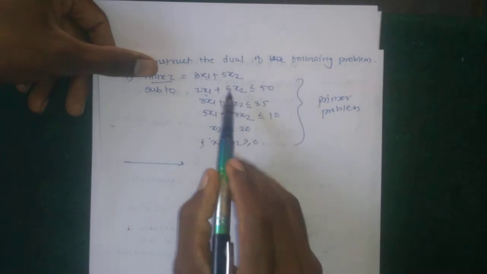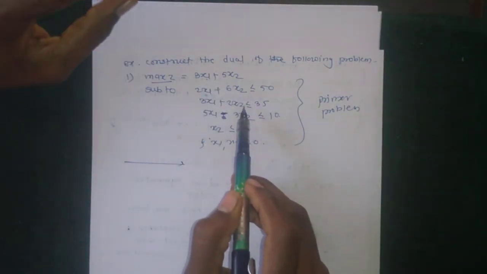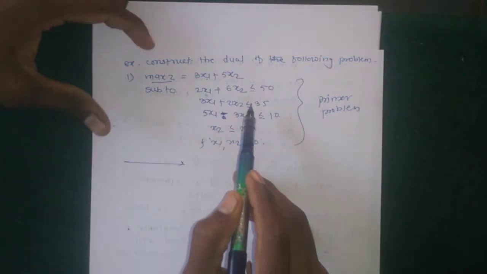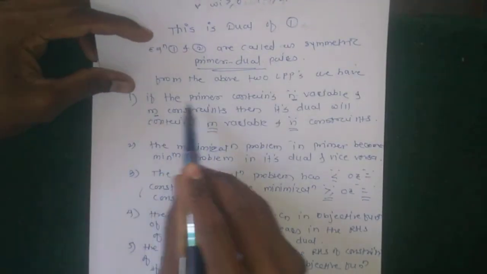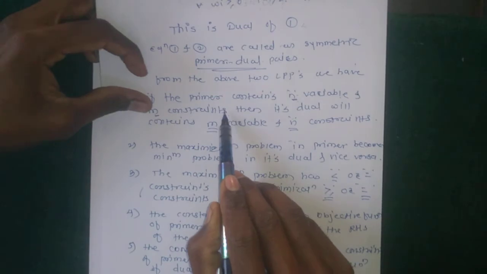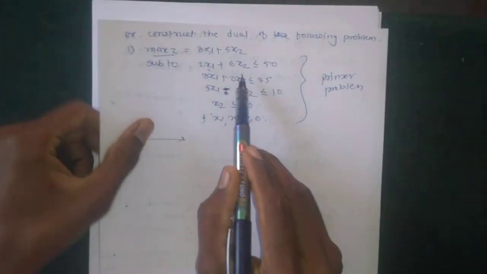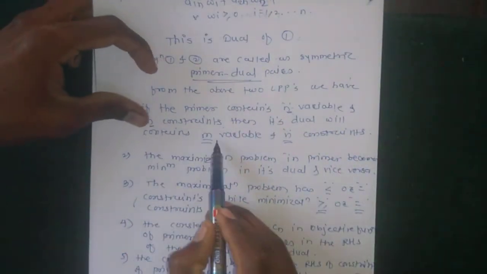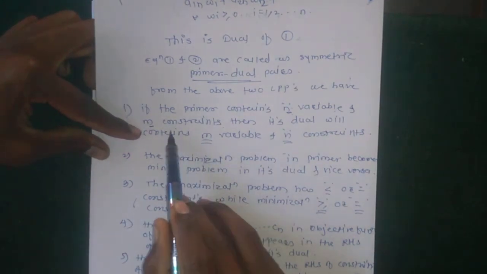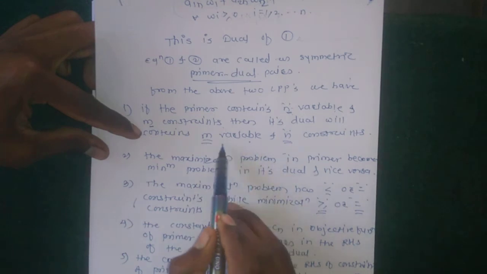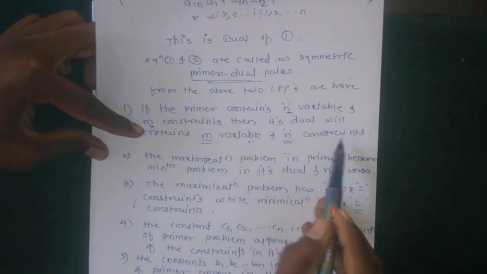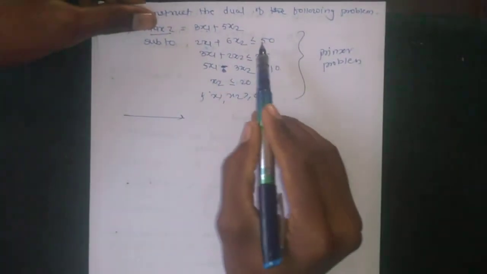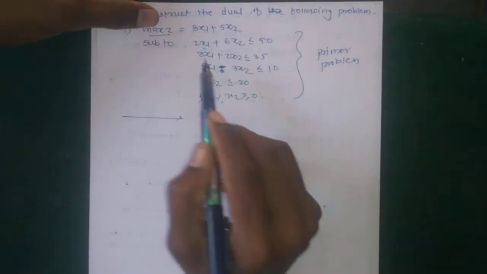So in its dual problem there will be only two constraints and four variables. In the reverse way, if the primal problem contains n variables and m constraints, here two variables and four constraints, then its dual will contain m variables, here 4 variables and 2 constraints. And this is maximized type, so in its dual it will be minimized type.